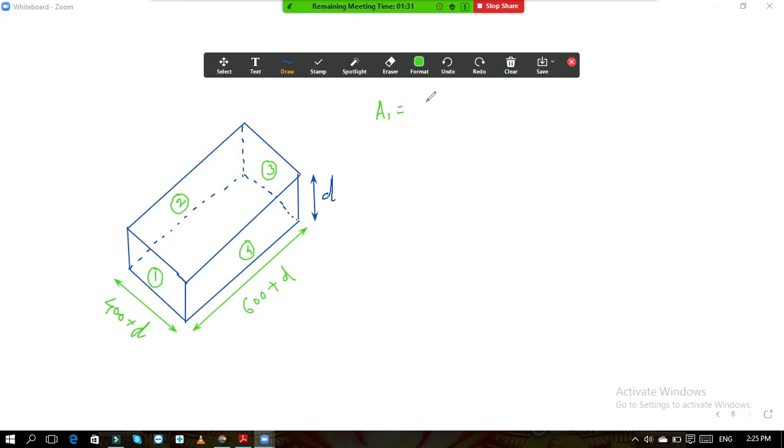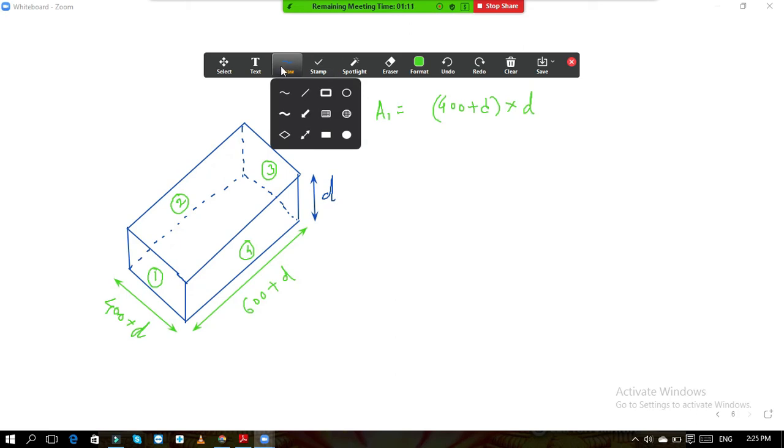It is 400 plus d. One dimension is 400 plus d, multiplied by this depth d. This is your first area, A1.